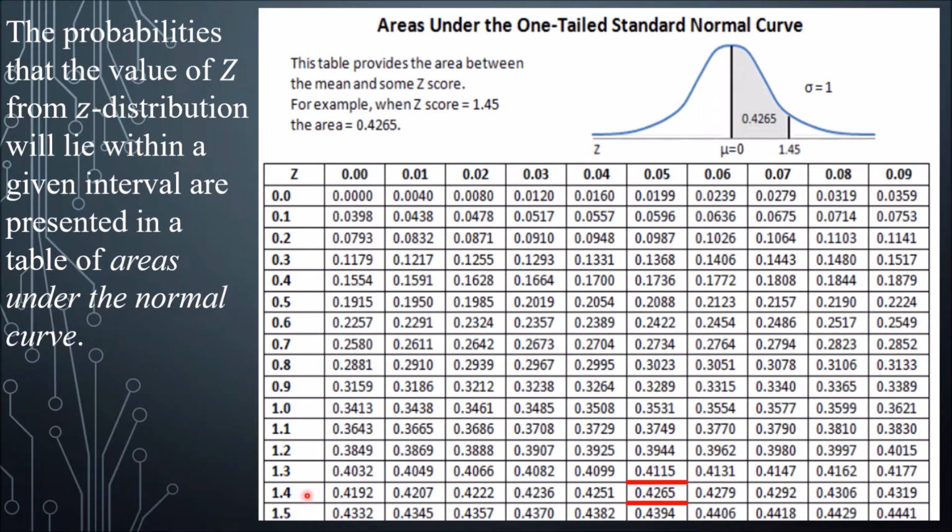So 1.4 plus 0.05 is 1.45, and we'll get the intersection of the two. So the answer is 0.4265, meaning that's the area under the normal curve from the mean 0 to the z-score 1.45.